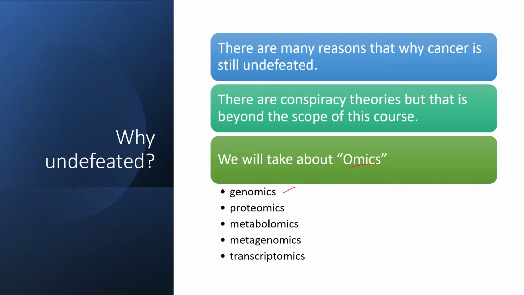That is called genomics. Again, proteome means the whole proteome of the genome, that is, all the proteins in a single individual. Again, metabolomes, all the metabolome, and then metagenomics, and then the transcriptome, the whole transcriptome, all the RNAs present in one single individual.